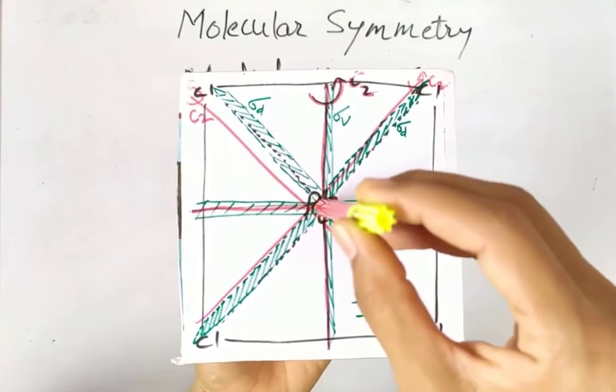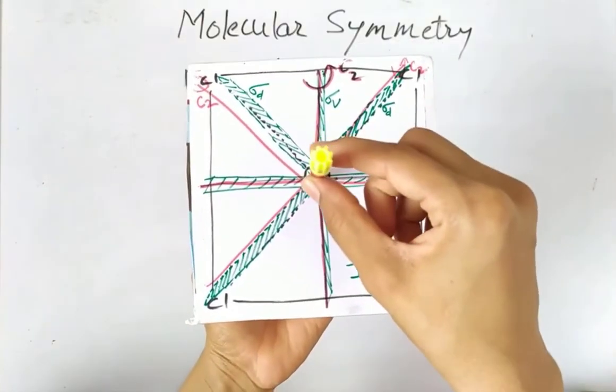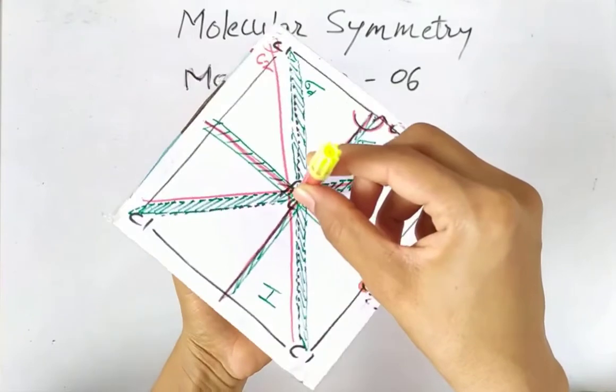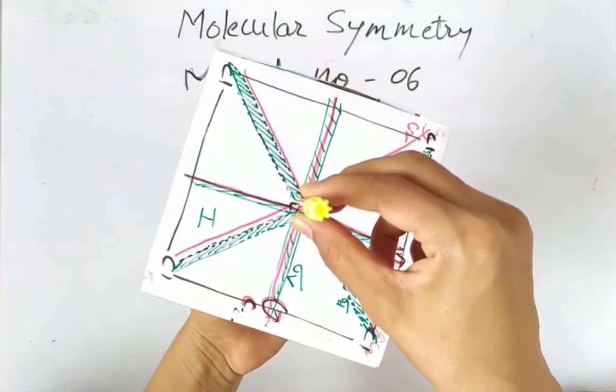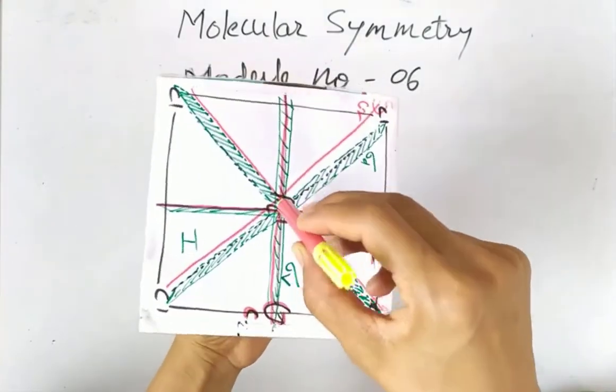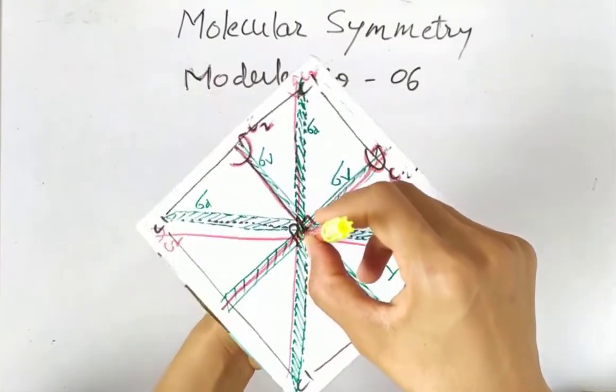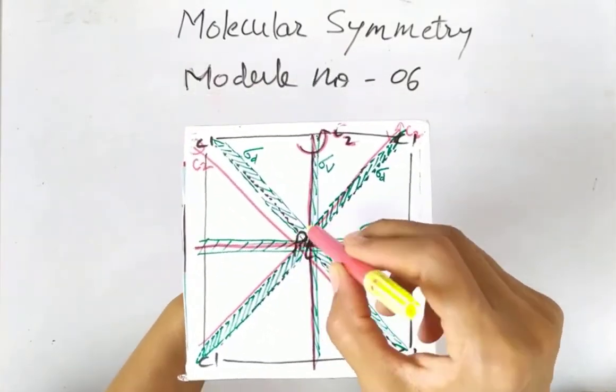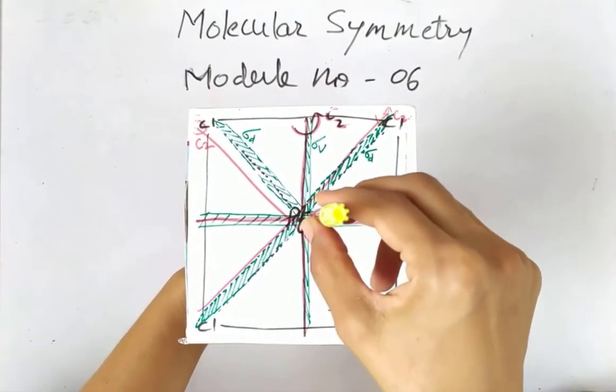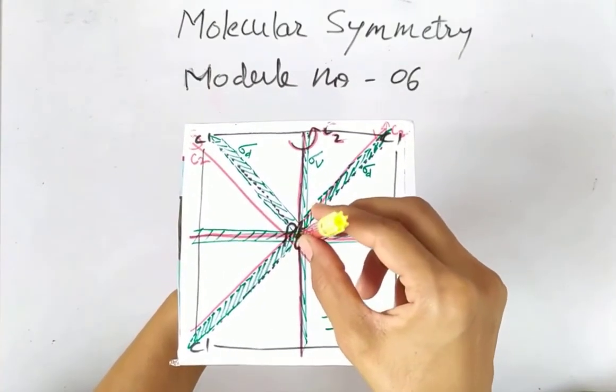And this is the C4 principal axis along which the molecule is rotated by 90 degrees, and after 4 complete rotations the molecule will get its identical image. Hence it is called the principal axis having the highest fold of rotation.